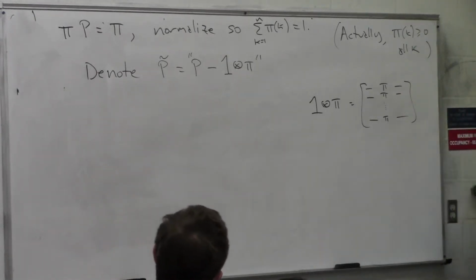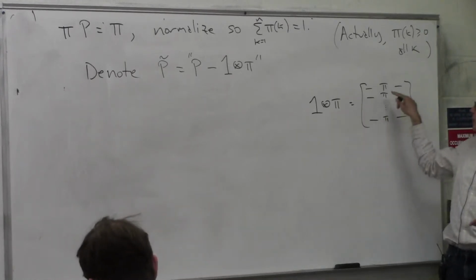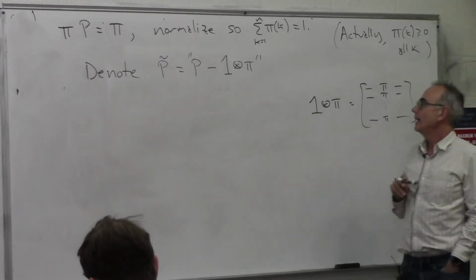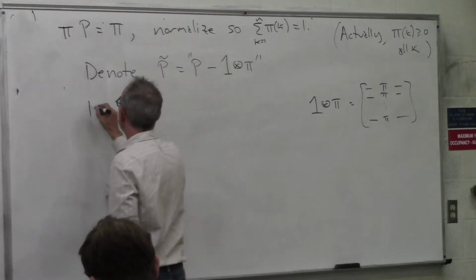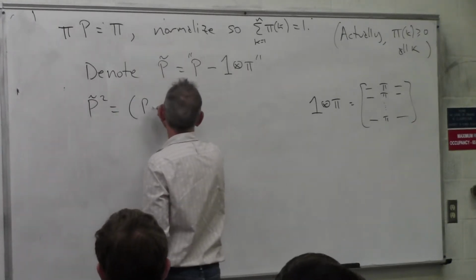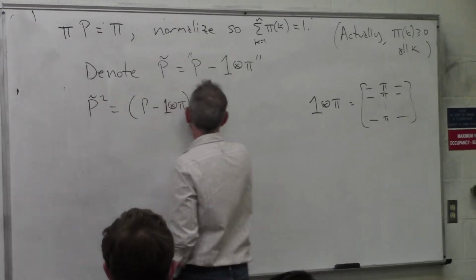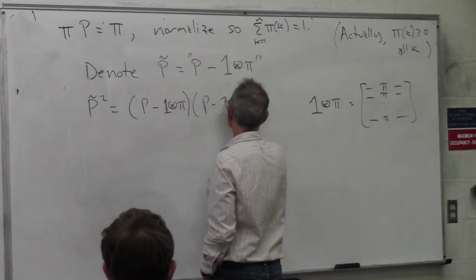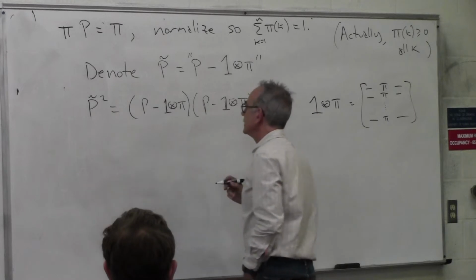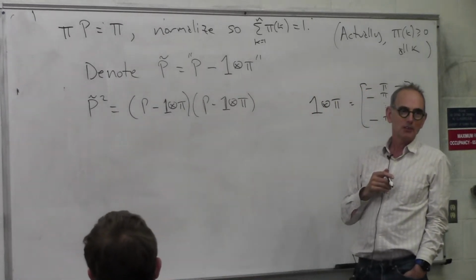That's what happens when you multiply a column vector of all 1s times a row vector. You just repeat that row vector over and over again. Okay? And now what happens if I square it? Well, you can see it's really useful that these guys are eigenvectors.